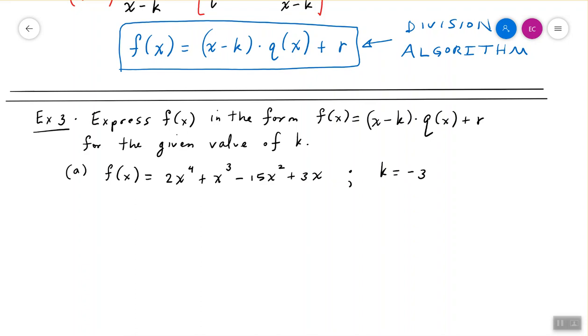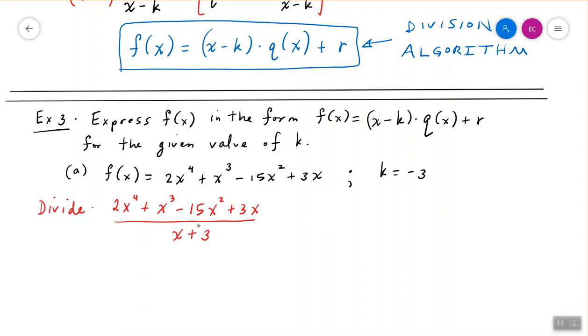So maybe the first thing we should do is think of this in the old familiar way. The old familiar way to give this problem is to say divide 2x to the fourth plus x cubed minus 15x squared plus 3x by x minus k, x minus negative 3, which is x plus 3.